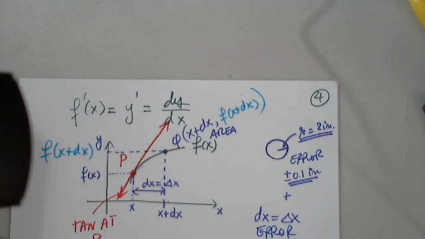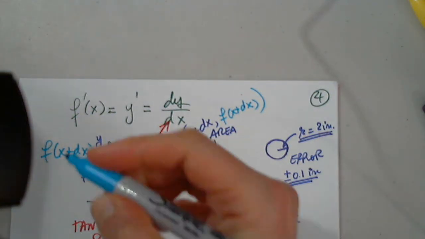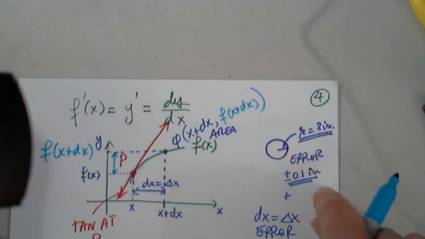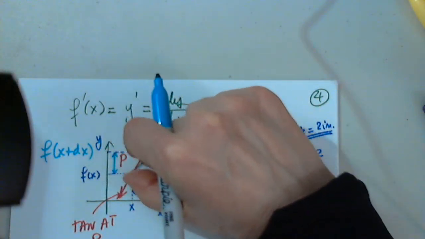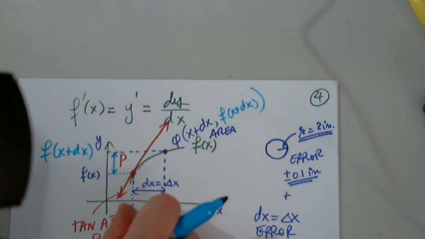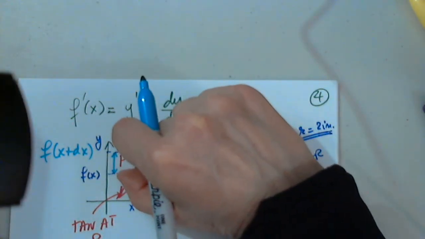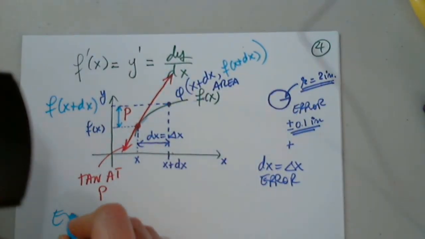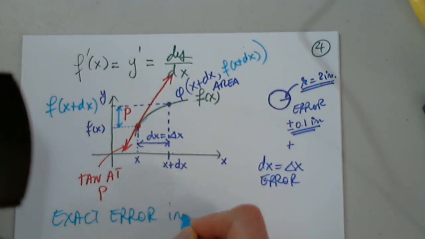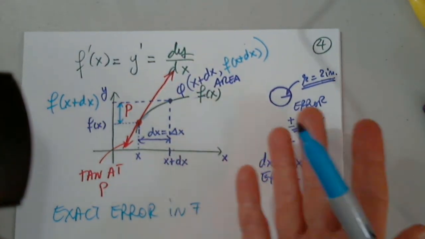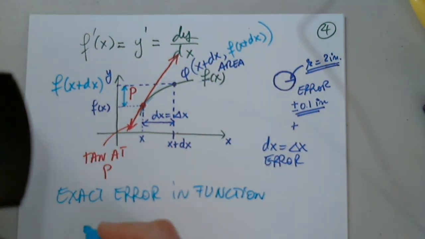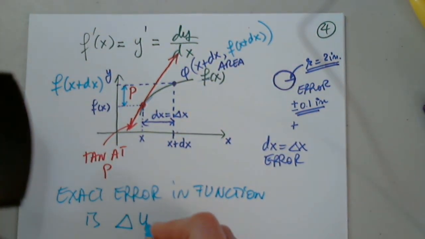So now, this difference is the error in the area, because this is the difference created by this difference in x. This is the error created in the area. So the exact error in the function, it doesn't have to be area, it can be volume, it can be anything, in the function is delta y.